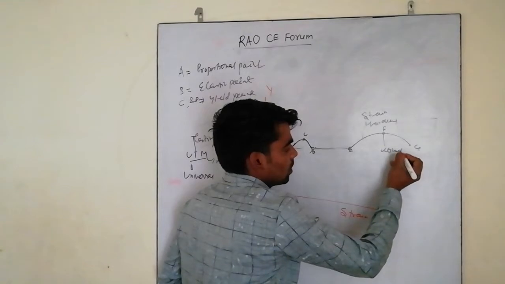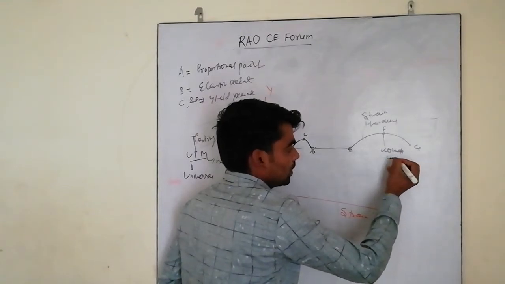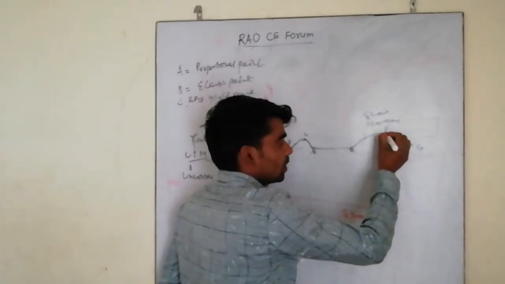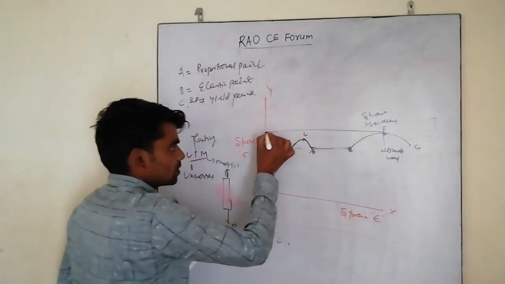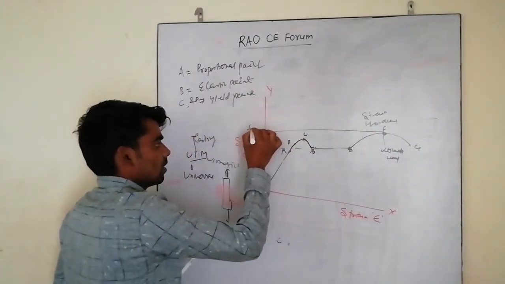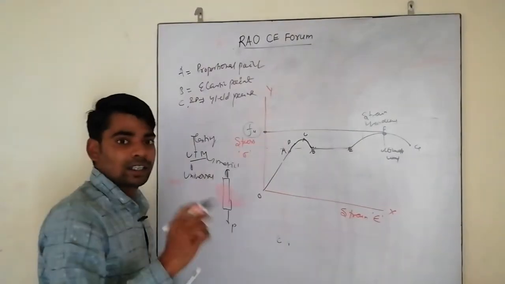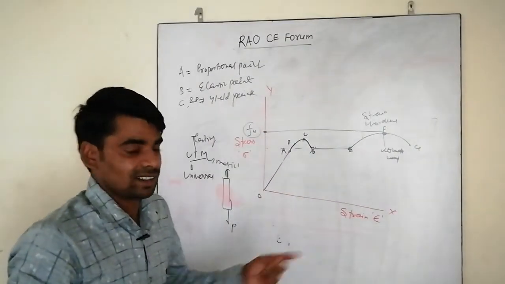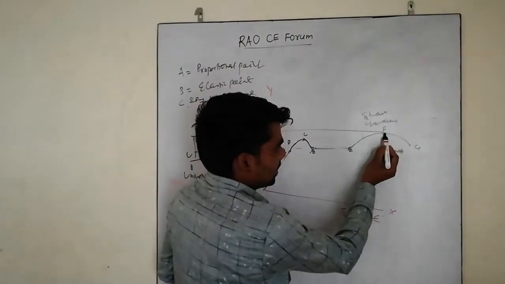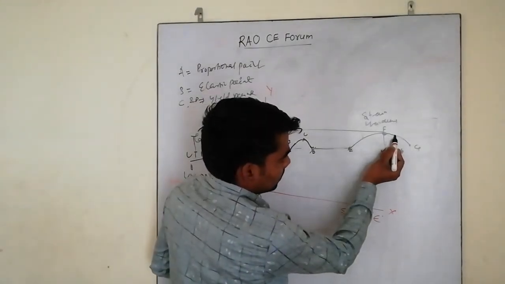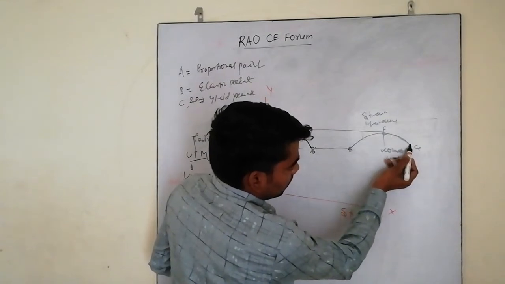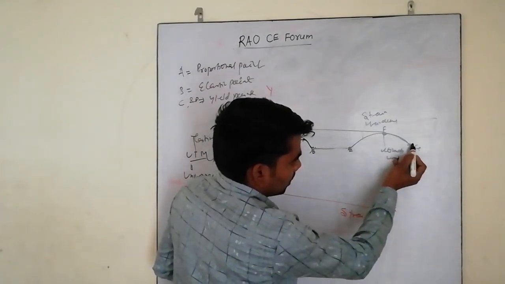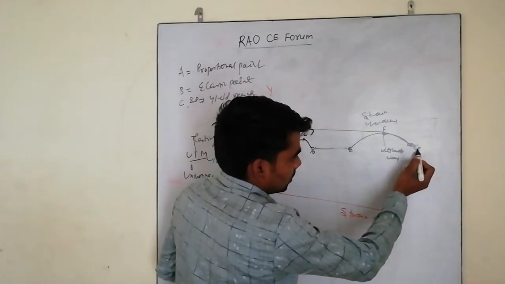The stress value corresponding to point F is known as ultimate stress or ultimate strength. Beyond this, the material becomes softening, strain softening, and at point G the material will fail.